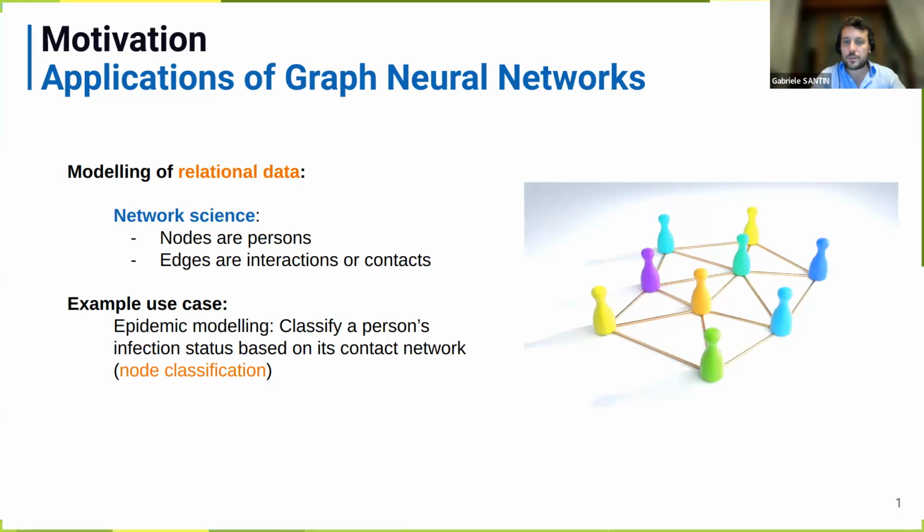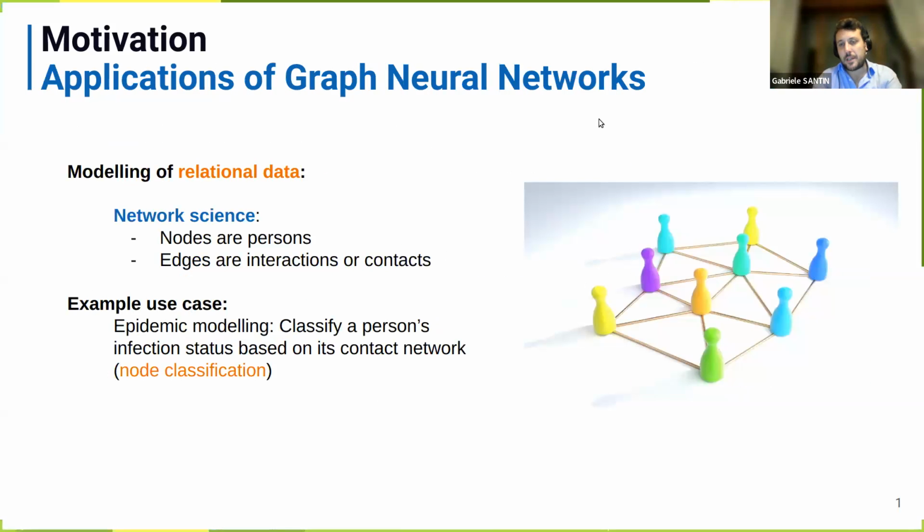And what you would like to do is to predict the probability that your node, so your person, got infected as well. Okay, this is a case of a node classification task. So the input is again a graph, but now the entity where you want to assign a label or a numerical value is a single node. Okay, and again, you want to make use of the entire graph structure. You are not just looking at individual vectorized information, but you want to make use of the entire topological structure of the graph.